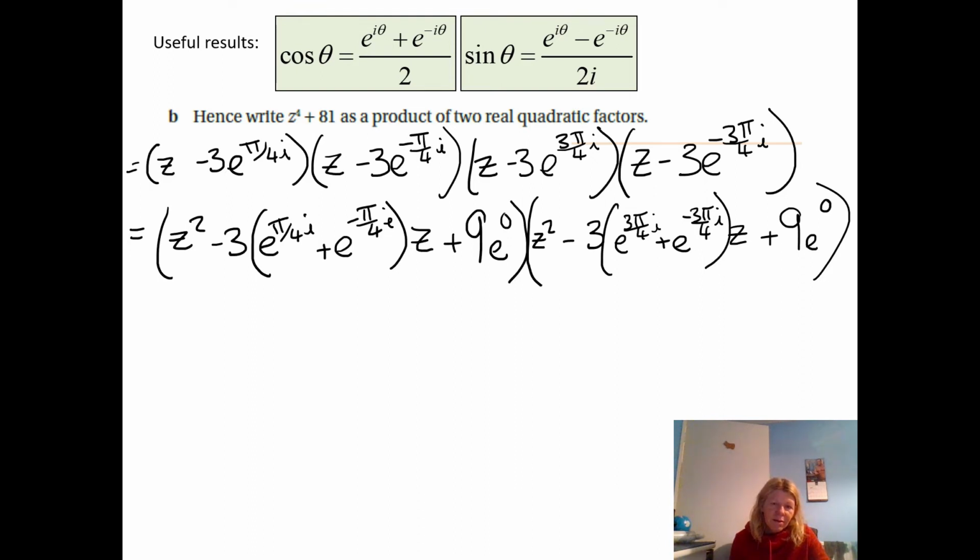Now this bit, if you recall these things here, look, the similarity with that one, you can ignore that one for now, but the similarity here for that one, that is 2 cos, if you just had the top bit, that'd be 2 cos theta, wouldn't it? So what we've got here is in fact 2 cos pi by 4. So there we go.